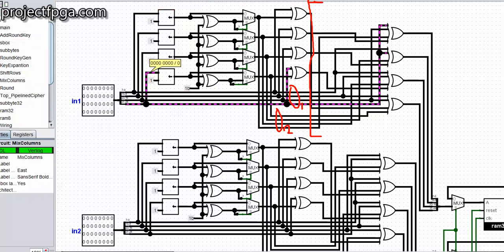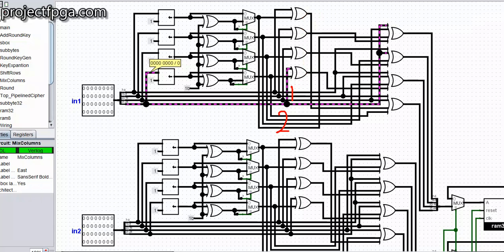Then finally, I want to do something. So here is my multiplication by 1, multiplication by 2, and here will be my multiplication by 3. Everything here is multiplication by 3. I told you multiplication by 3 is when you take multiplication by 2 and you XOR it with the initial input.